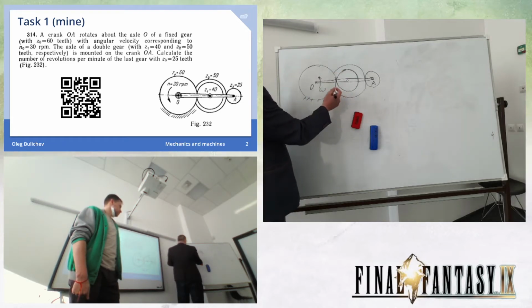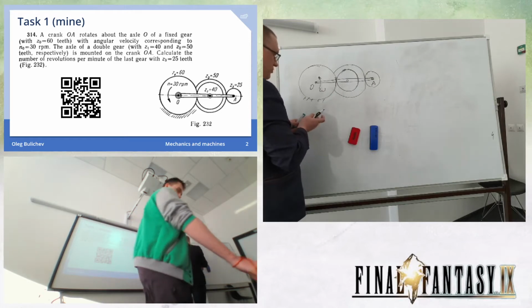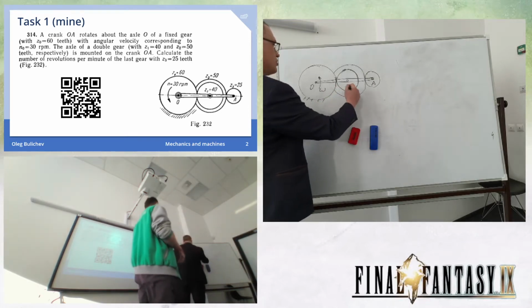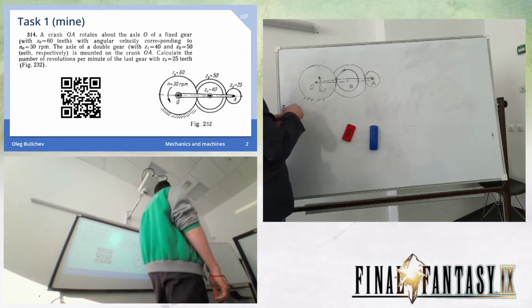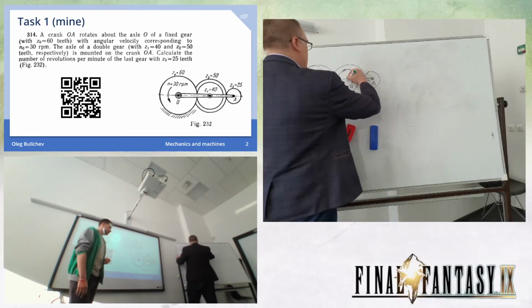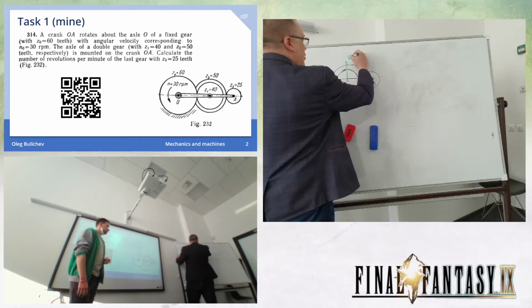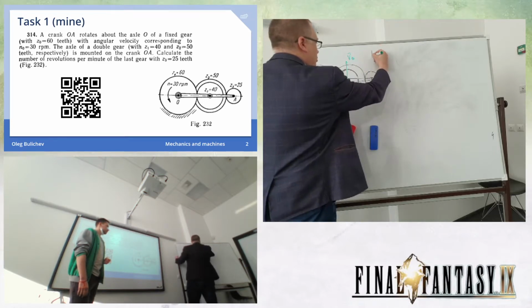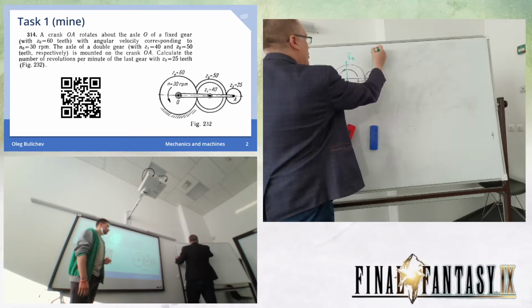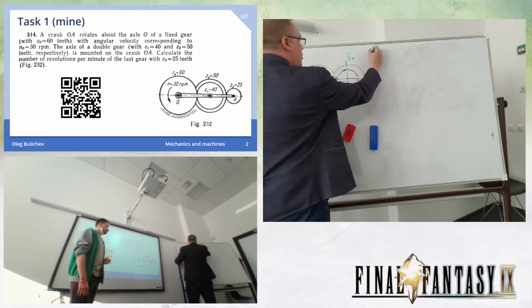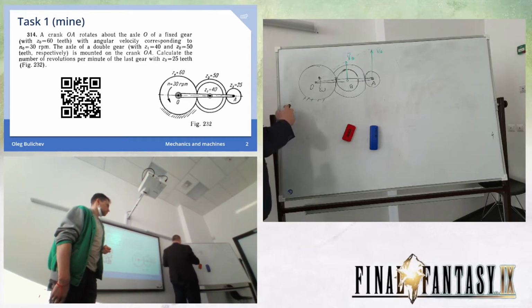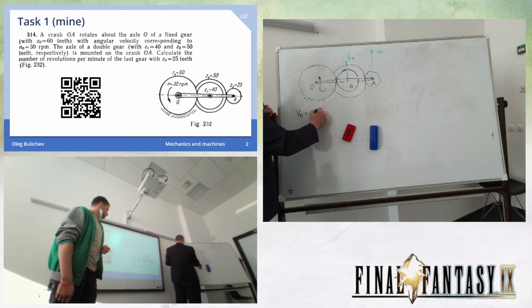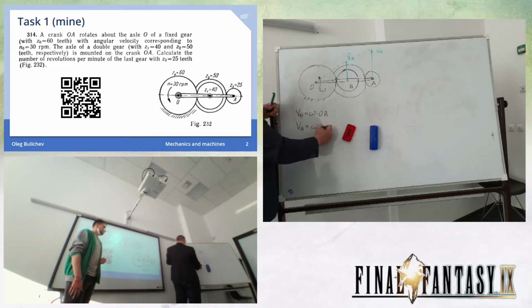It means that the velocity of point B and the velocity of point A may be found as VB is omega multiplied by OB, VA is omega multiplied by OA.